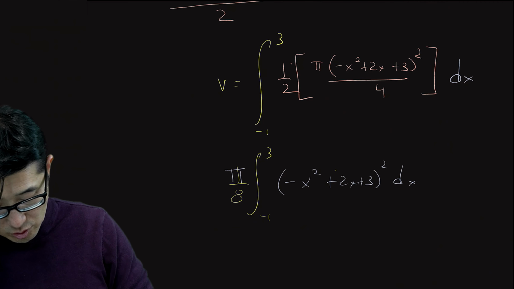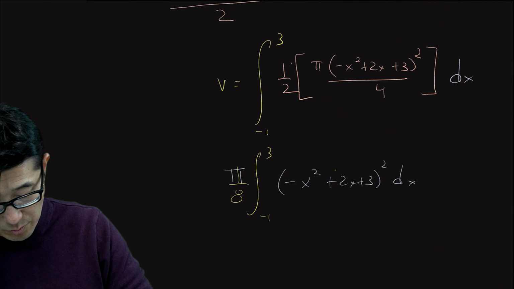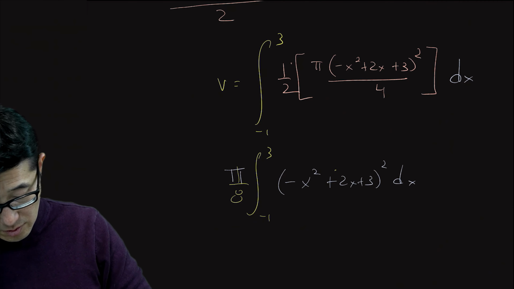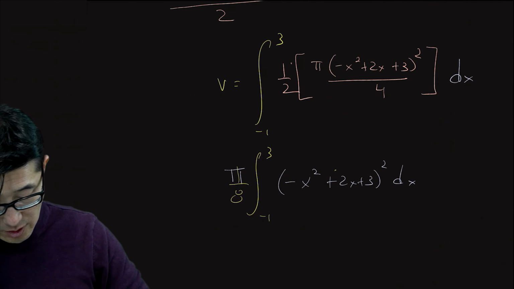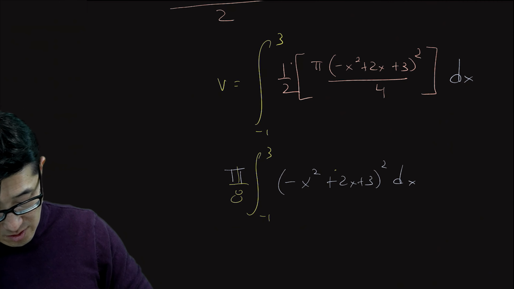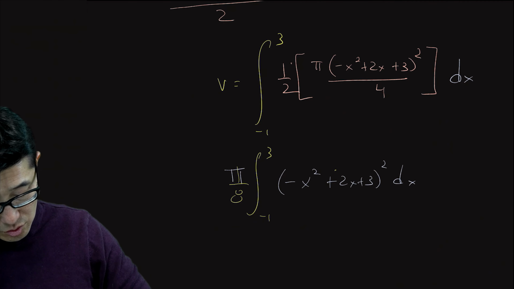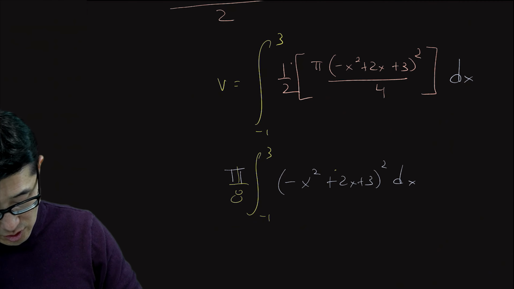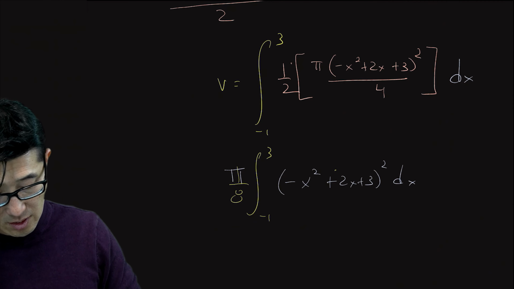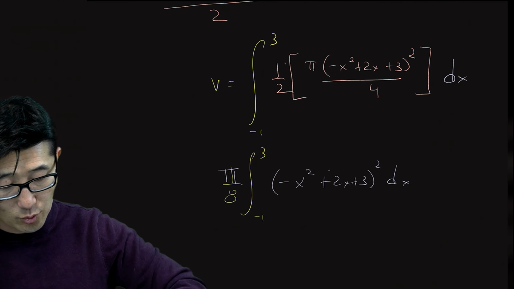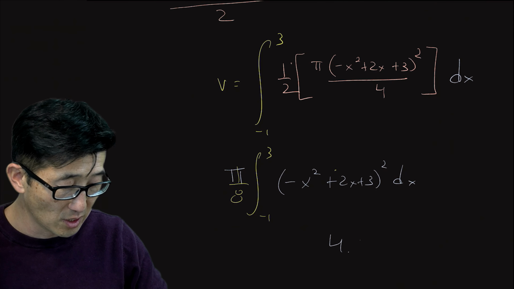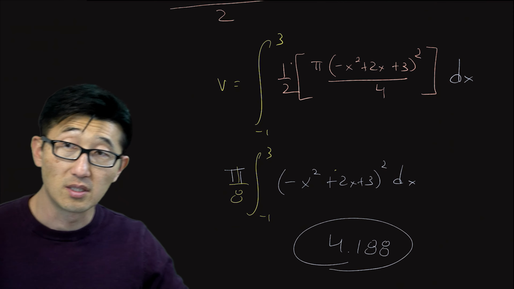I'll put those in parentheses first just to keep it separate. And then I'm going to multiply by parentheses negative x squared plus 2x plus 3, and make sure that this is all in terms of x. Enter, and I got 4.188, which I believe is the answer.